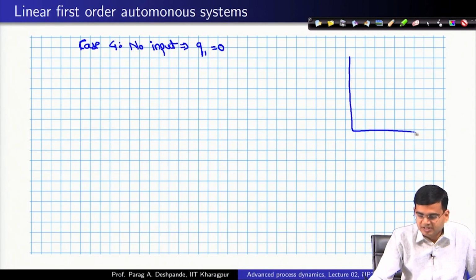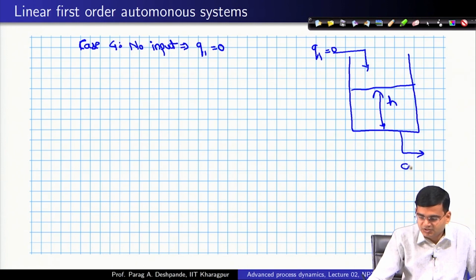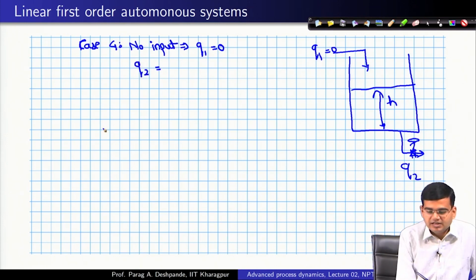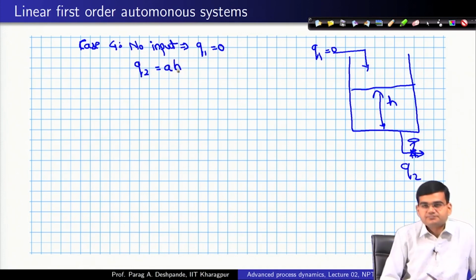So, in my scheme you have Q1 and this is equal to 0, this is h and this is Q2, and imagine that I have fitted the system with a valve at Q2 such that Q2 is A times h. Okay.